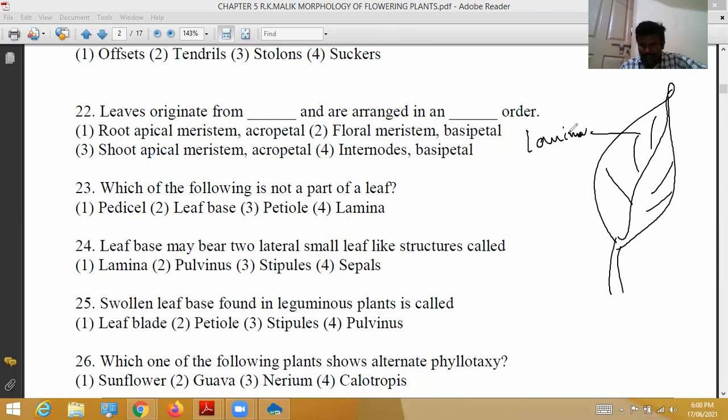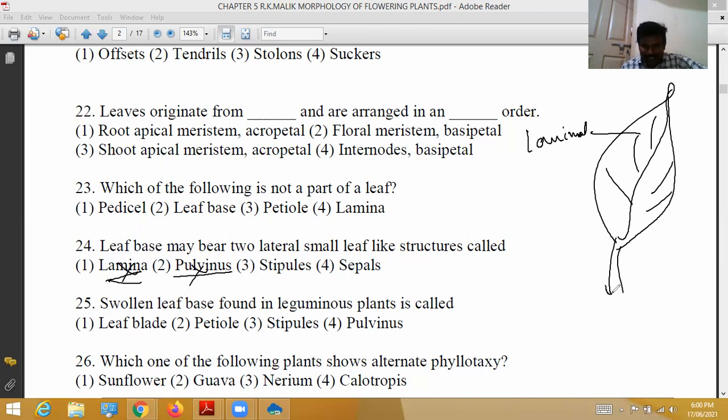Leaf surface area is called lamina. But they have asked about the 2 lateral small leaf-like structures on the leaf base. So those are not lamina. So option 1 is wrong. Pulvinus. It is not located at the leaf base region. So that is also wrong.